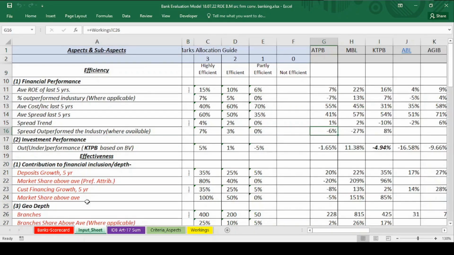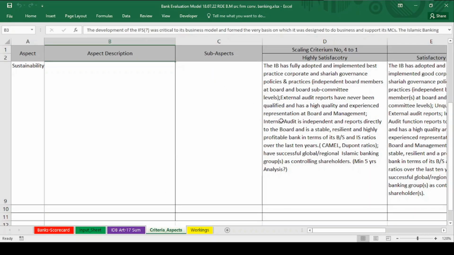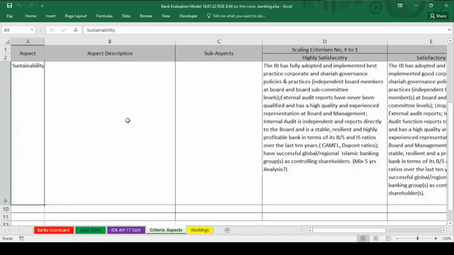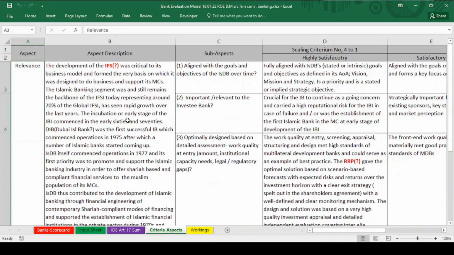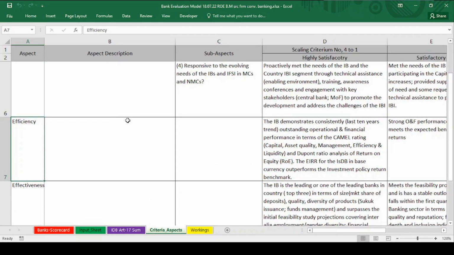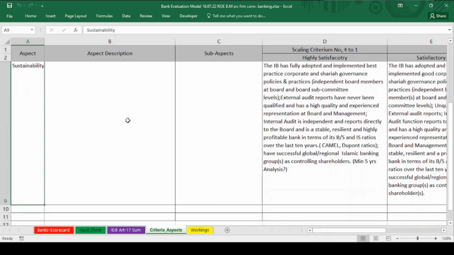And here we have the investment policy of Islamic Development Bank, and here we have explained each aspect. We have looked into the evaluation of each bank, like the relevance of the investment, how relevant was the investment, how efficient was the investee bank, how effective was the investee bank, and is the investee bank sustainable in future.